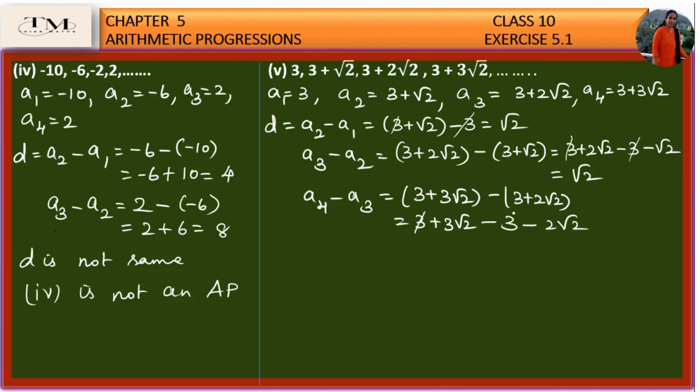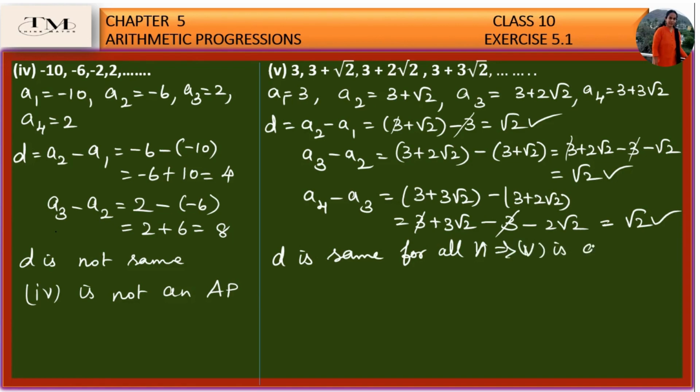So plus 3 and minus 3 gets cancelled. 3 root 2 minus 2 root 2 is 3 minus 2 is 1. So it is 1 root 2. 1 root 2 can be written as root 2. So in all the values D is same. So D is same for all n. If it is same, then the given problem is an arithmetic progression. So fifth problem is an AP.